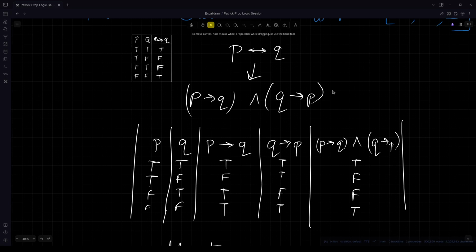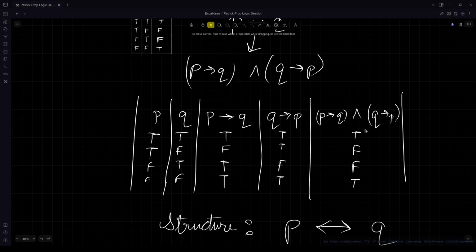So you first write out the different variables we have, P and Q, then we work out what P implies Q is, what Q implies P is, and then we put it all together, and we find that this is the same as the biconditional.